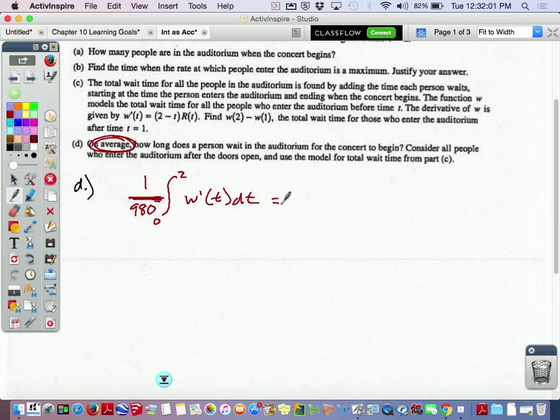This will give us 0.775 or 0.776. So we could say, on average, a person waits 0.775 hours.